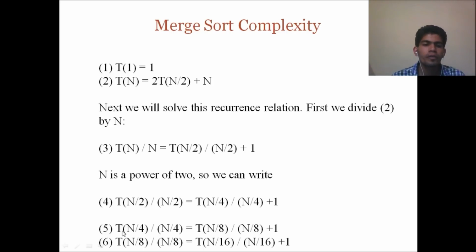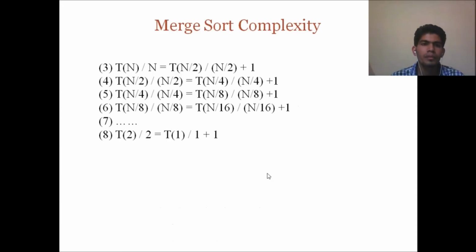Similarly, we can form the fifth equation as T of n by 4 divided by n by 4 is equal to T of n by 8 divided by n by 8 plus 1. And the sixth equation as T of n by 8 divided by n by 8 is equal to T of n by 16 divided by n by 16 plus 1. Now we have got these equations, and at the end we will get T of 2 divided by 2 is equal to T of 1 divided by 1 plus 1.